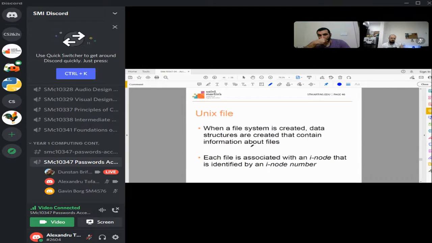As such, when a file is created, a data section is created that contains a lot of information about files. This is just a side note. If you have time to read about it, it is very interesting.